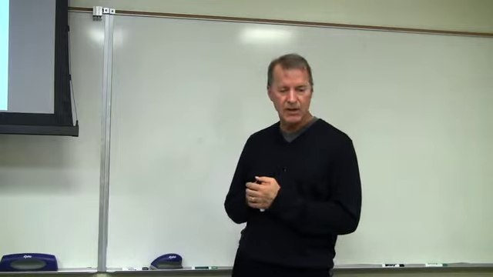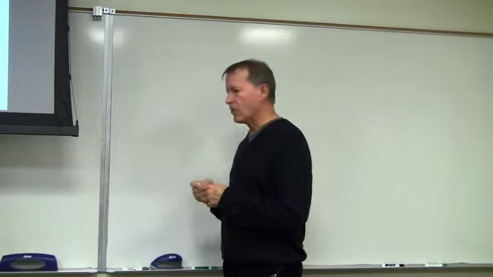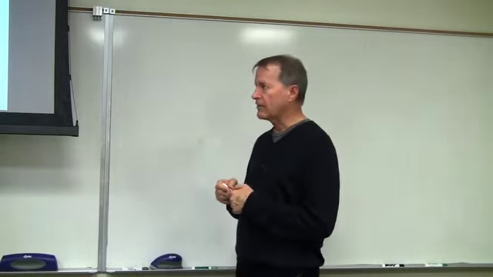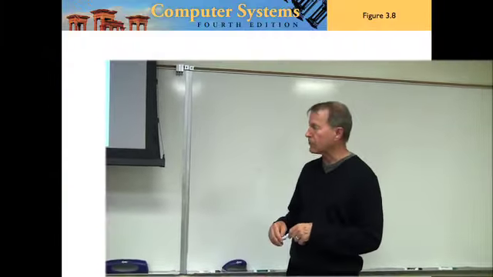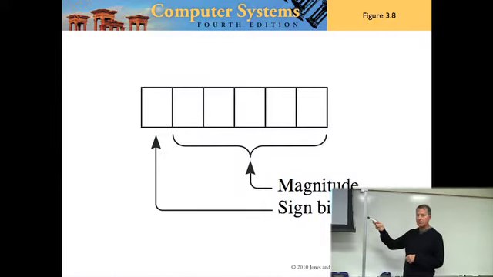All right, and we said that the way that worked was to have, I think I have a slide here actually. Yeah, here's a slide, figure 3.8. The way we said to do it would be to have this bit cell. This is a 6-bit cell, and whenever you store signed integers, the first bit is reserved for the sign.